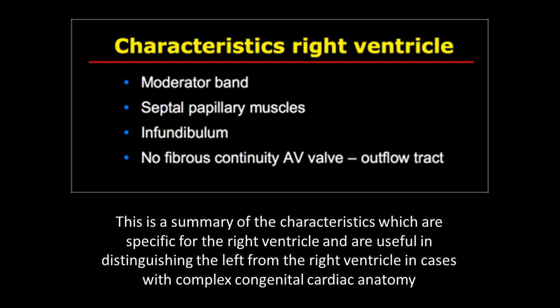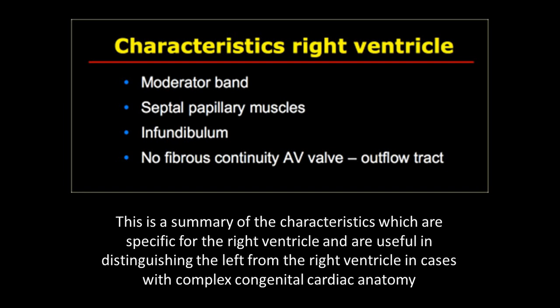Another thing is the infundibulum. At the outlet of the right ventricle, there is an infundibular structure, which is not the case in the left ventricle. And finally, there is no fibrous continuation between the atrioventricular valve, which is the tricuspid valve, and the outflow trunk, which is the pulmonary valve.